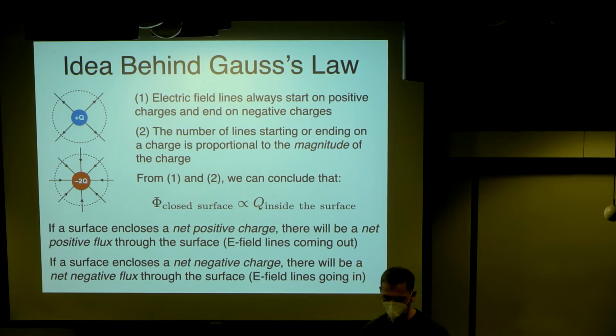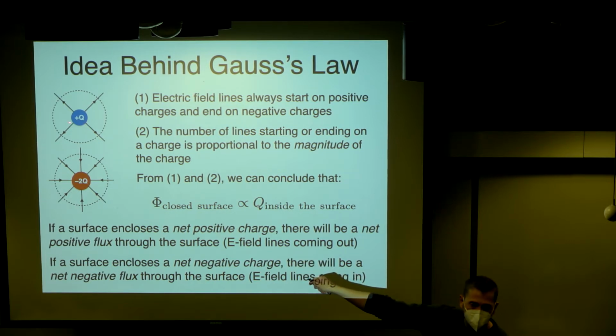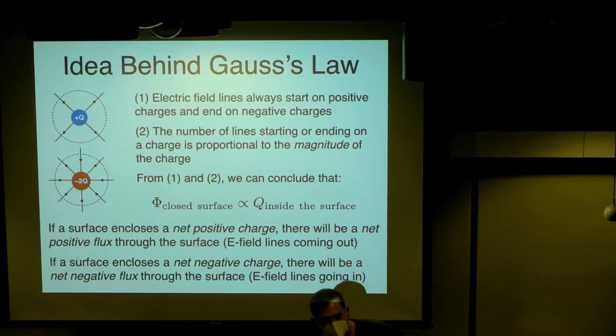And I think this addresses your question from before. Let's, again, take a look at these two cases. In the first case, we have a positive charge. And this dashed line is meant to denote a surface which is fully enclosing that charge. So the surface is completely surrounding the charge. That's what you should be seeing here.